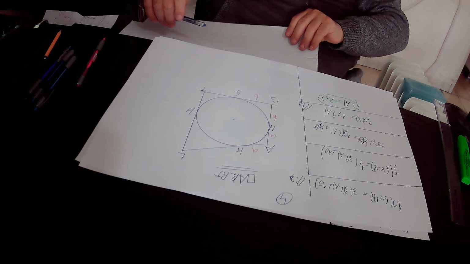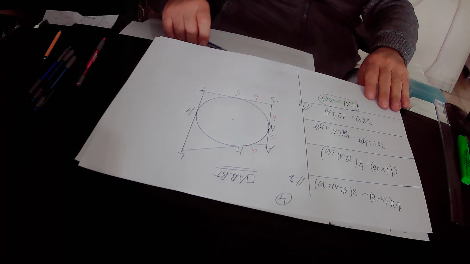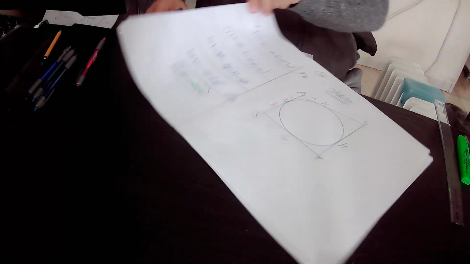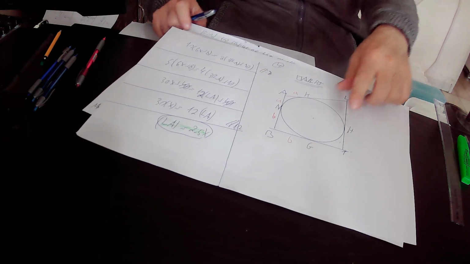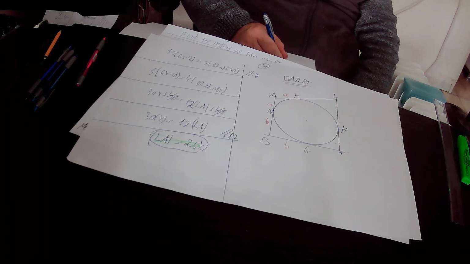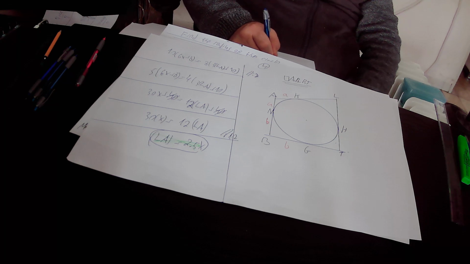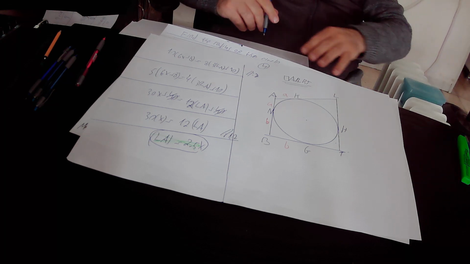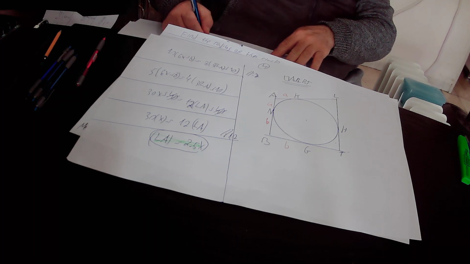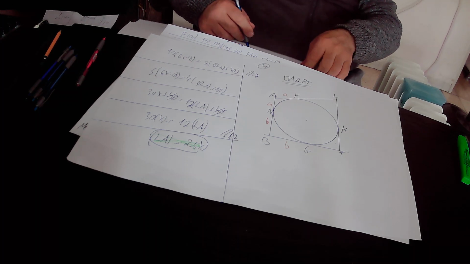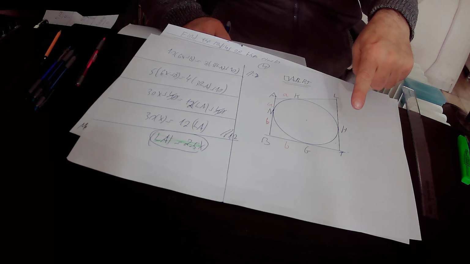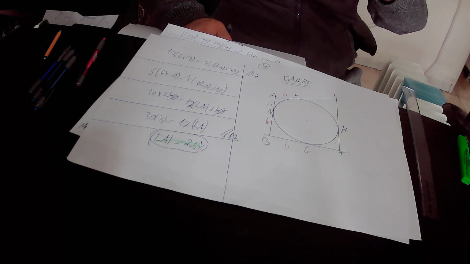In the next step, we'll focus on the common external point T. From T we have two tangents to this circle, tangent TH and tangent TG, and according to rule 2 they are equal to each other.